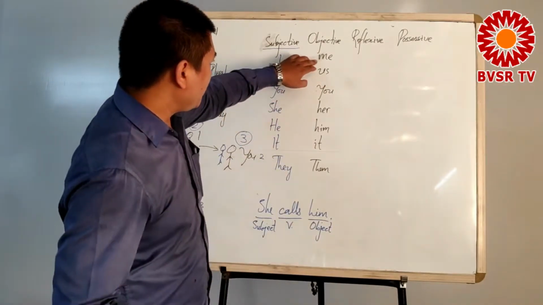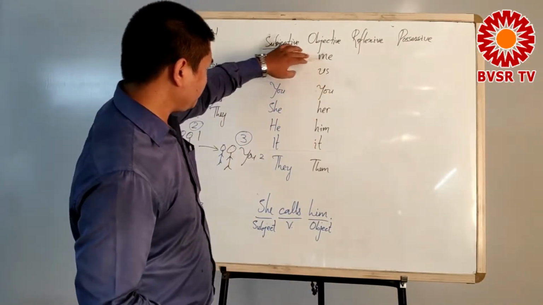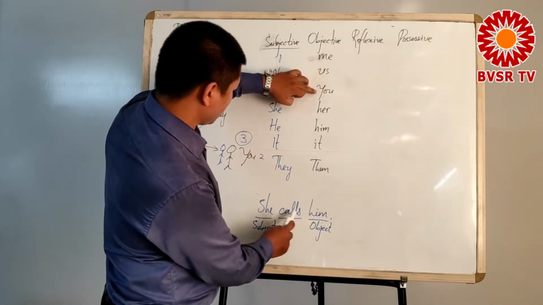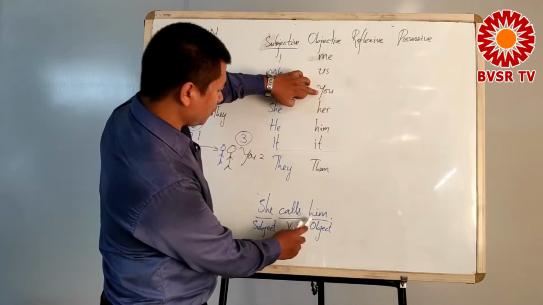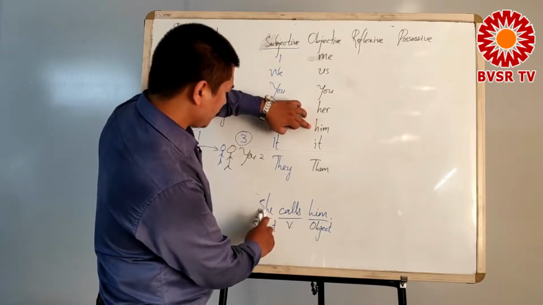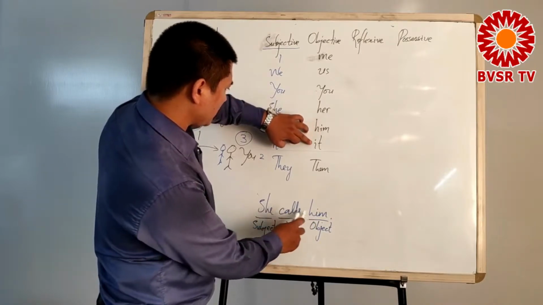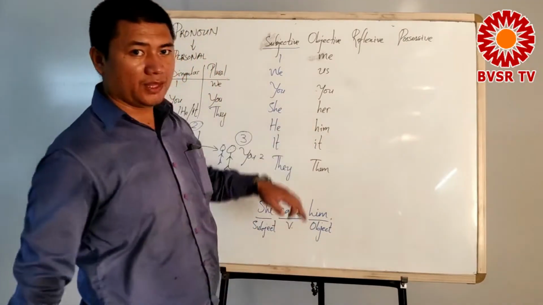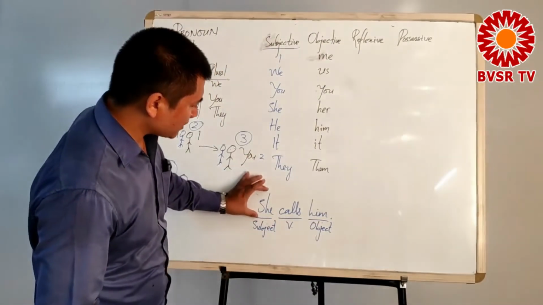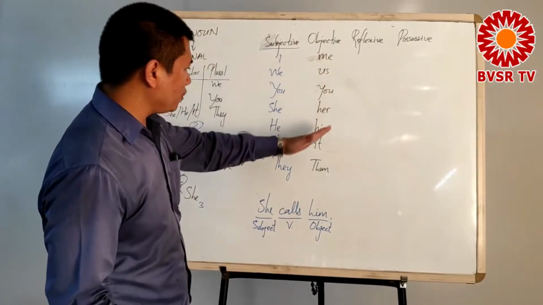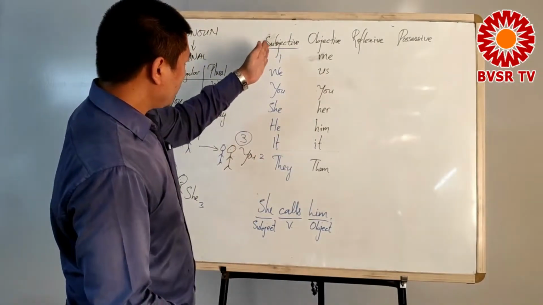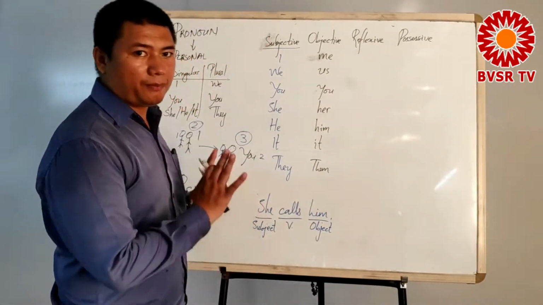For example, she calls me, she calls us, she calls you, or even she calls her, that is also okay. You can say she calls him, she calls it, or she calls them. When you make a simple sentence, you can convert it depending on how you put the subject and object in the proper place.